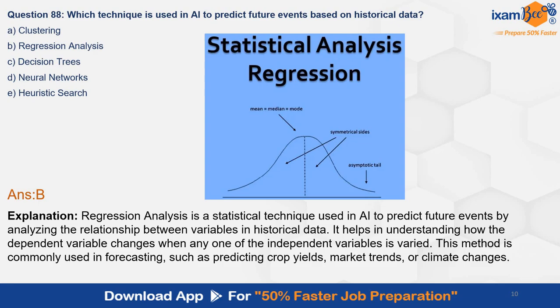Regression analysis. Regression analysis is a statistical method that uses historical data, and after using the historical data it predicts future trends, and it helps in understanding how variables are related. We can also take the example of crop prediction.